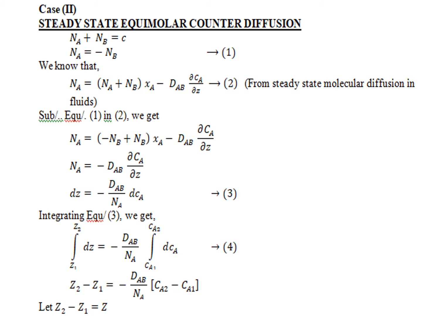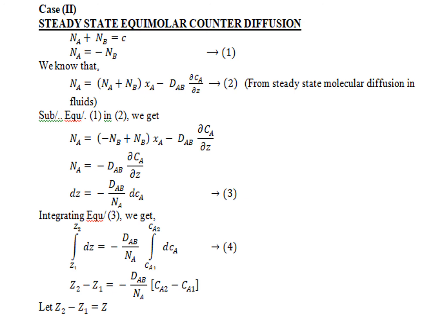Whereas counter diffusion is divided into two types: one is equimolar counter diffusion, another one is unequimolar counter diffusion. So what is the difference? Equimolar counter diffusion is defined when the mass transfer rates of the two components are equal and opposite.